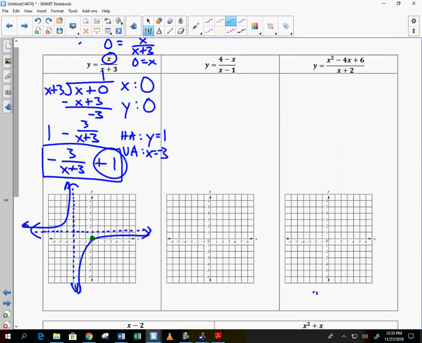We're going to do this one, and we're going to start the same way. We're going to take x minus 1, and we're going to divide it into -x plus 4. What do you multiply x by to get -x? -1. Multiply back through, and I get -x plus 1.